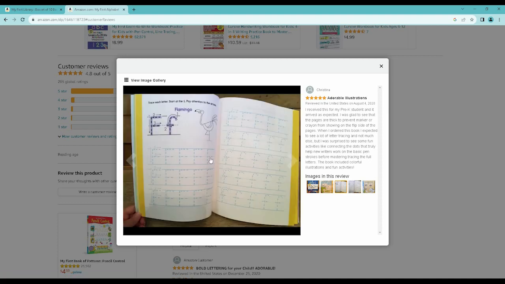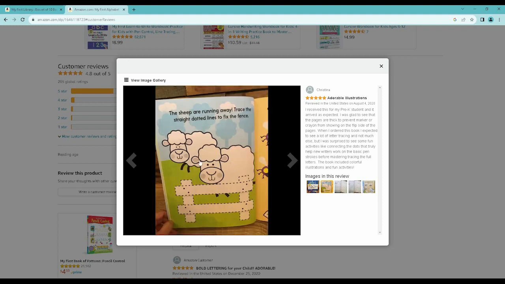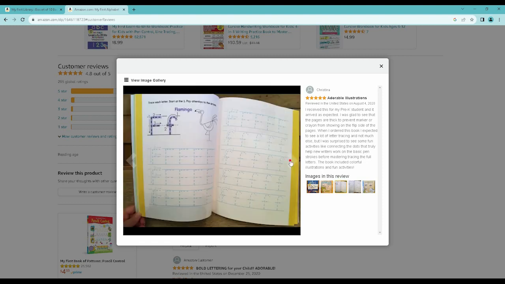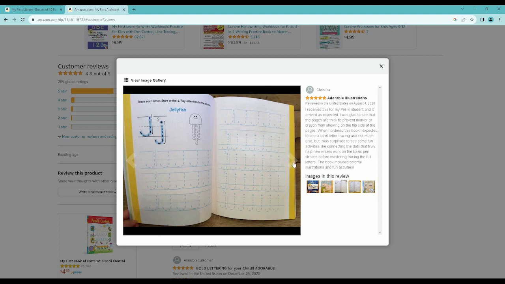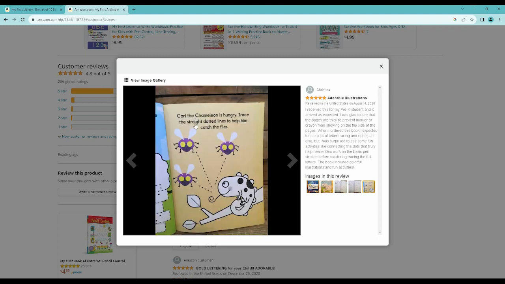Here you can see this interior design really well. This is a premium interior book. This is not white and black, it's really well designed, with illustrations and some story.